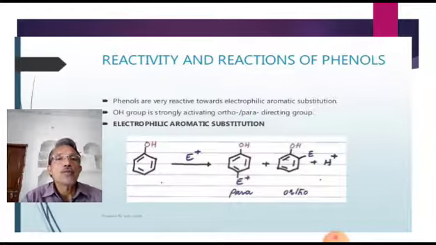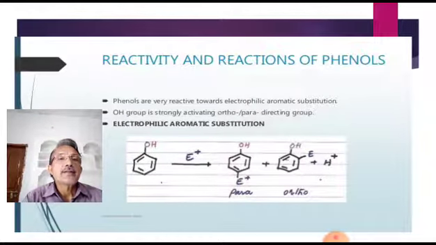So far we studied four methods to prepare phenol. Among the four methods, one is the commercial method using cumene. After preparation of phenols, let us discuss the reactivity and reactions of phenols. Phenols are very reactive towards electrophilic aromatic substitution. Like benzene, phenols also undergo electrophilic substitution reactions. OH group is a strongly activating ortho-para directing group.